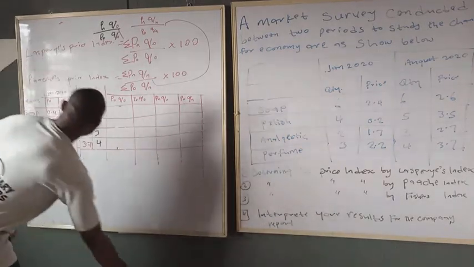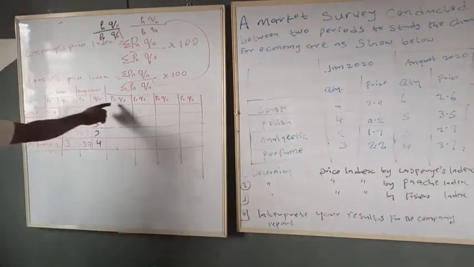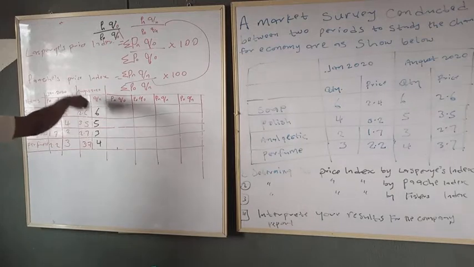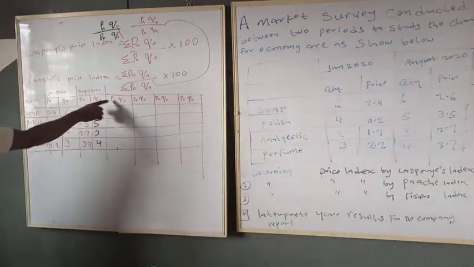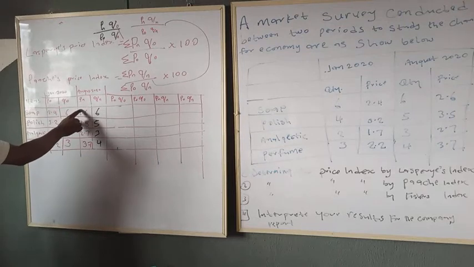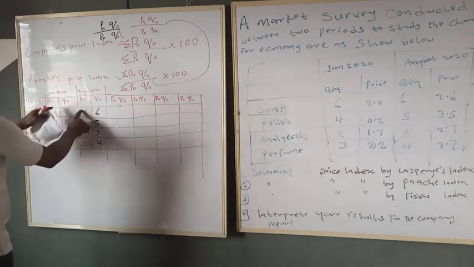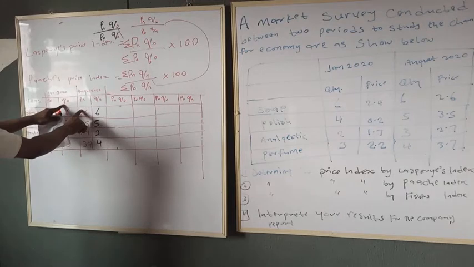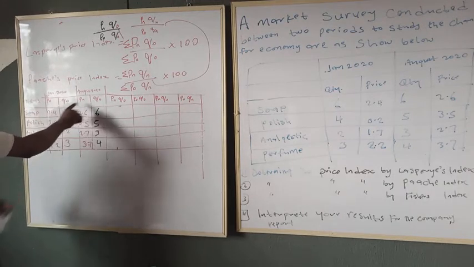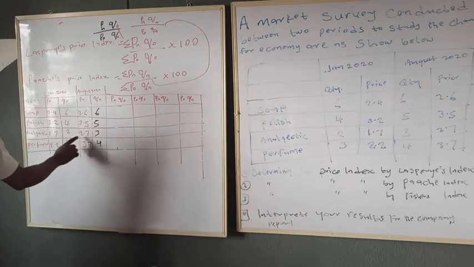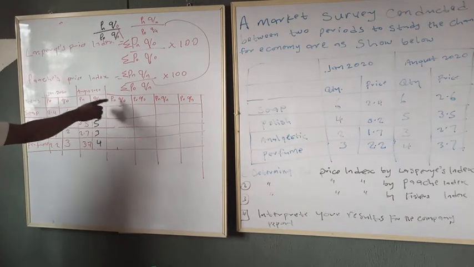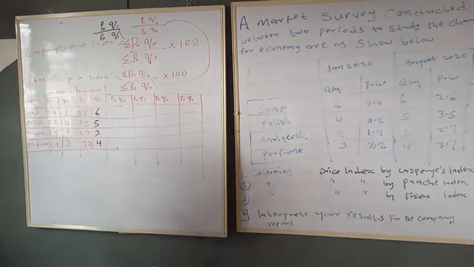It's very simple. When you see PN QO, it means PN times QO. So you go to here where you find your PN, this is your PN, then your QO. So this times this here, this times this here, this times this will be here, and this times this will be here. That is your PN and QO.